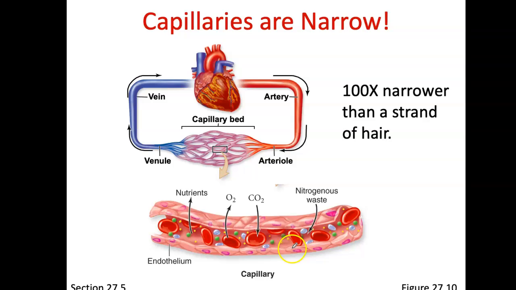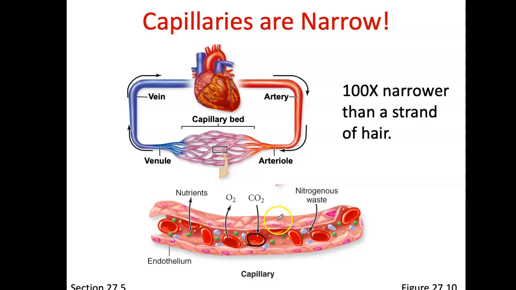What about capillaries? Capillaries are very, very narrow. They're 100 times narrower than a strand of hair. And this is showing how a red blood cell, only really one fits at a time as it travels down the capillary. The layer here in this capillary does not have muscle.